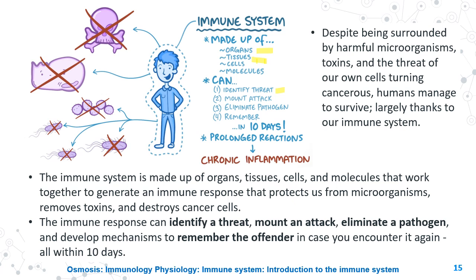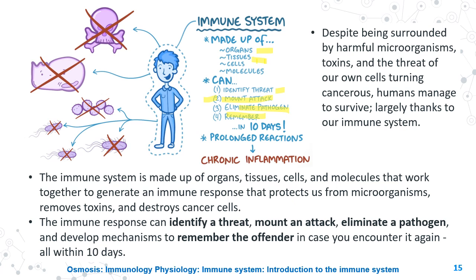They also have to distinguish, of course, what is self, because you don't want your immune system attacking your own cells. That's bad. That can kill you. Those are autoimmune diseases. Now, after you mount an attack, you have to get rid of that pathogen, and then you have to remember who you killed.